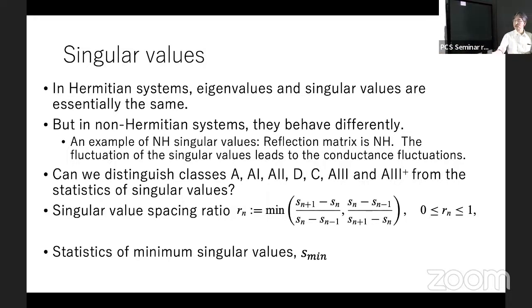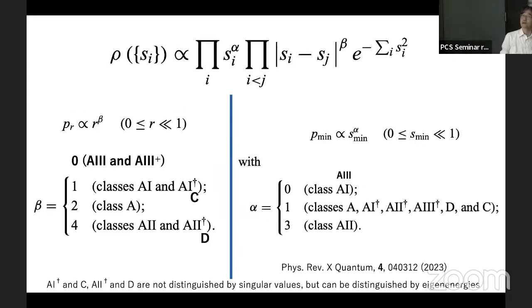Another thing we focus on is the minimum value of the singular values. Again, we use the Hermitization, and we can derive that the singular value joint probability density behaves like this, with beta the standard level repulsion index, 0 or 1 to 4 for these classes, and alpha determines the distribution of the minimum singular value.